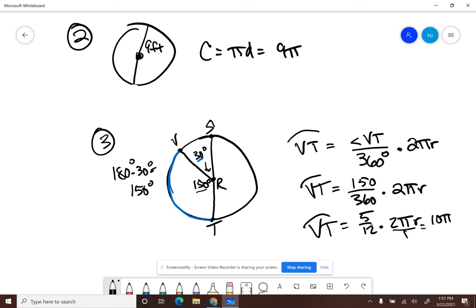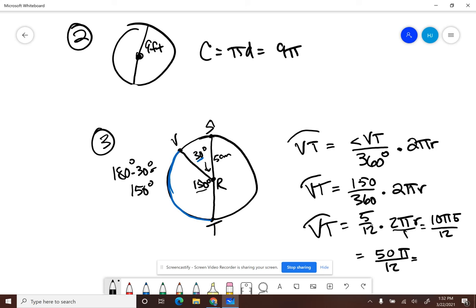Now what is my radius here? My radius, I didn't really include this in here, but I needed to, is 5 centimeters, okay? So my radius is 5 centimeters. And then on the bottom, I have 12, okay? Let's finish this out. 10 times 5 is 50 pi over 12.